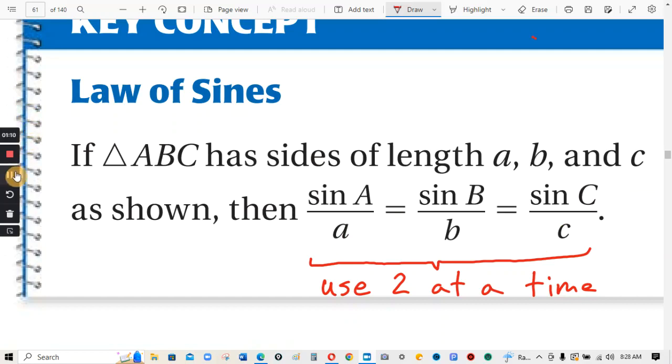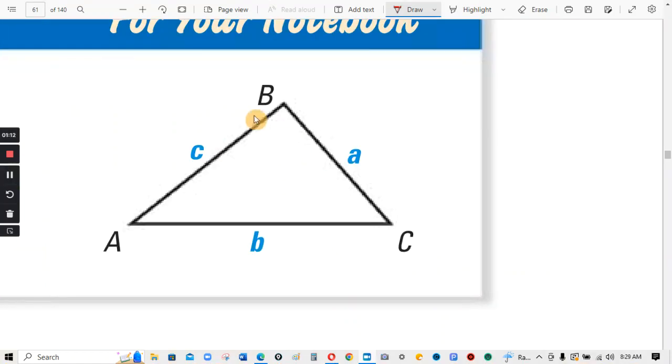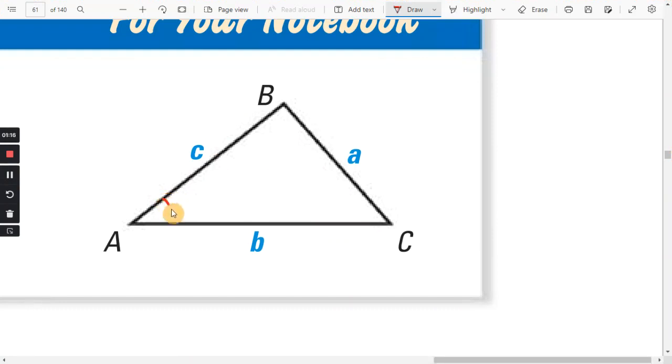Notice on the triangle, if you go across from angle A, you have the side length lowercase a. Across from angle B, you have the side length lowercase b. And across from angle C, you have the side length lowercase c.